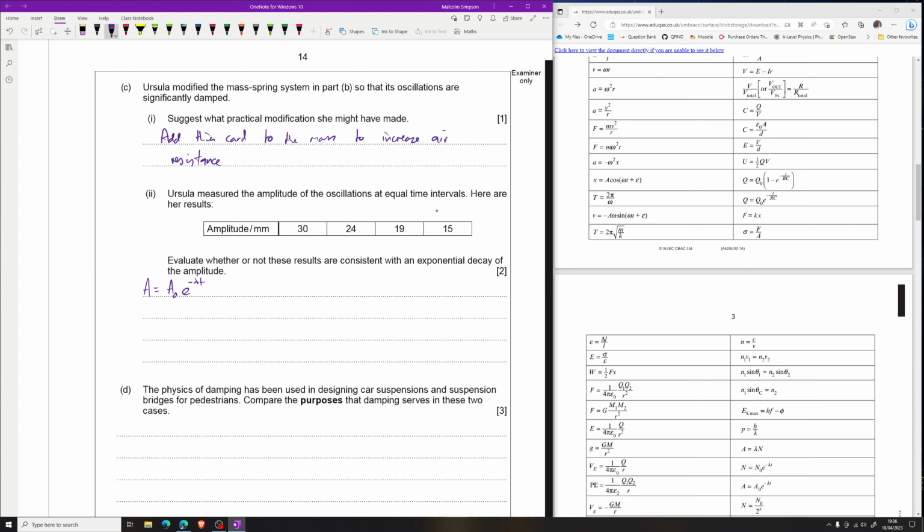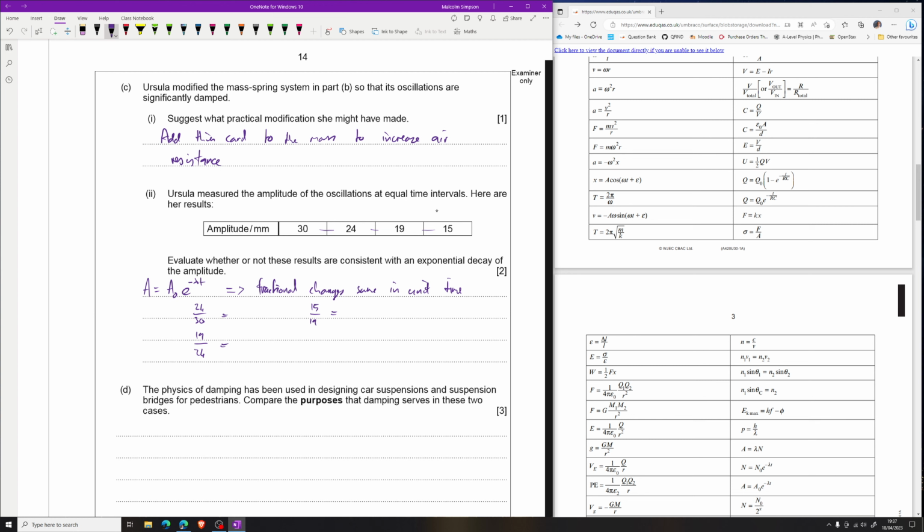So if we can show that these fractional changes are the same, then we should be away. In whatever unit of time. So let's do it. 24 over 30 equals, and then 19 over 24 equals, and then, I haven't really left myself enough room, 15 over 19 equals.